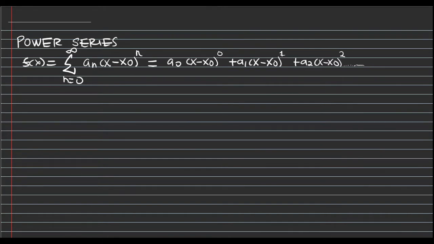Now, most of the infinite series, including this power series, meron silang special type of characteristic na kaya nilang mag-converge into a finite value if and only if itong specific infinite series, which is itong power series na doon, yung ilalagay kong value ng x, satisfy the following condition.